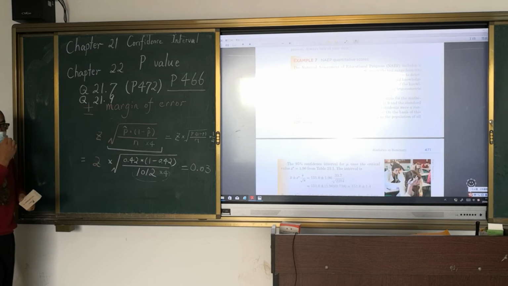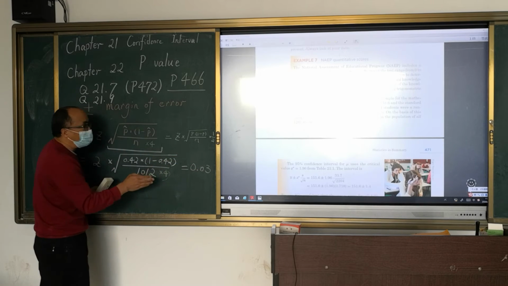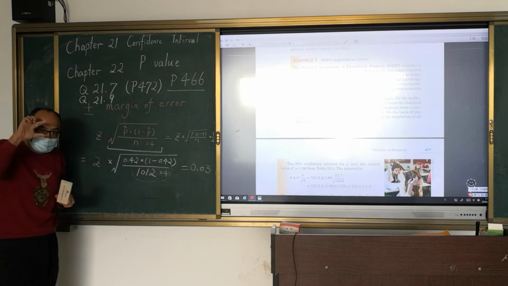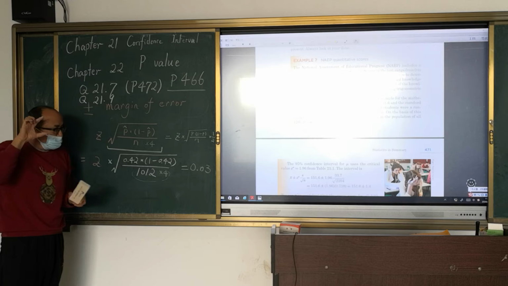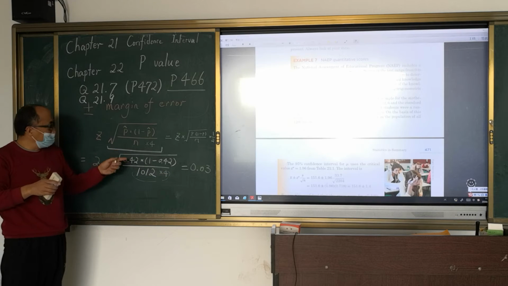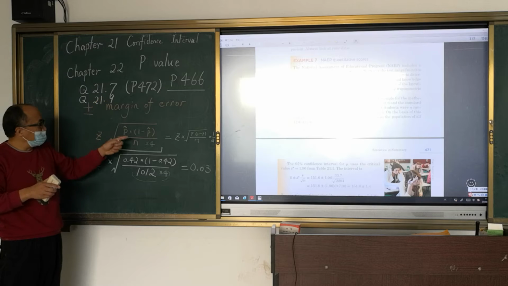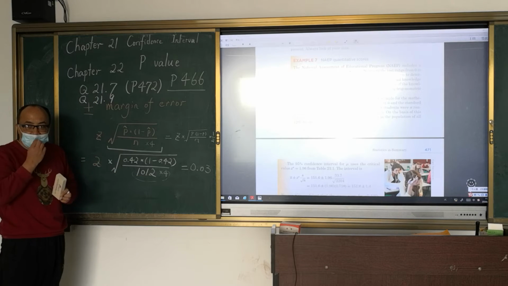In 21.9 it asks, if I want the margin of error to be smaller, half of this, then what is the n? In here, the n is 1,012 people.